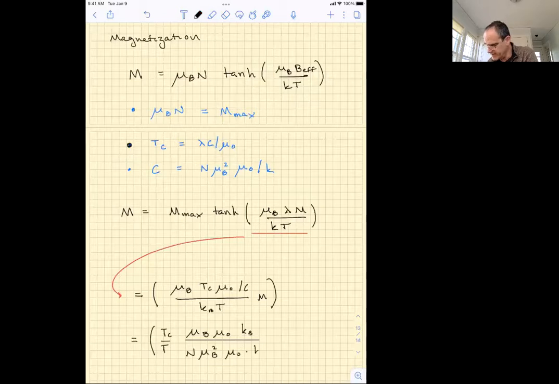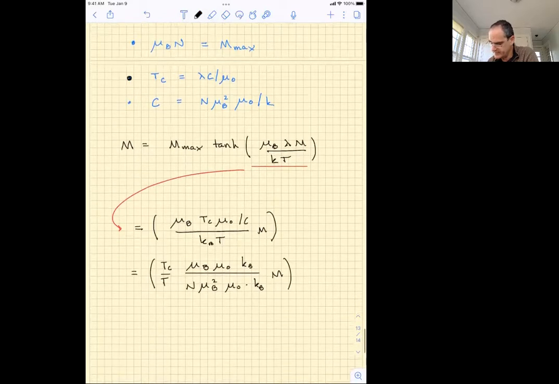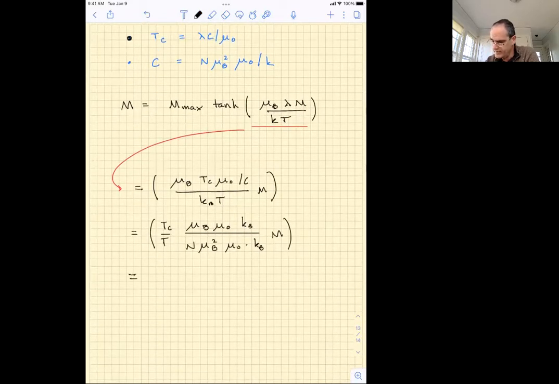Then we have all of that times k Boltzmann in the denominator. And now notice that lots of things cancel out. So the mu naught cancels out, k Boltzmann cancels out. This factor of mu B cancels with that factor of mu B. And in the denominator, we're just left with N times mu B, which of course is the maximum magnetization. So in that way, we can write this as TC over T times M over the maximum magnetization. That's right, they're simple looking now.